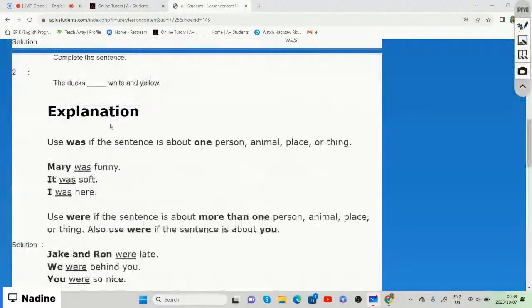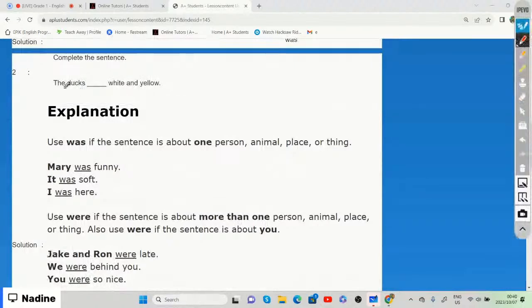All right, so the ducks is more than one. So the ducks refers to, do we just say the ducks or do we say the ducks was white and yellow? The ducks were white and yellow, or the ducks was white and yellow. What's the correct one that we need to use in order to complete the sentence?